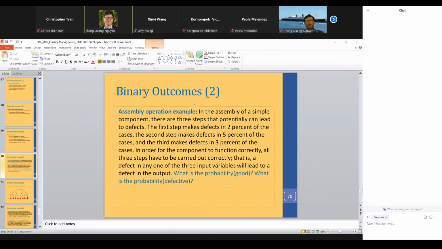In order for the component to function correctly, all 3 steps have to be carried out correctly. That is, a defect in any one of the 3 input variables will lead to a defect in the output, right? And what is the probability of being good, and what is the probability of being defective?